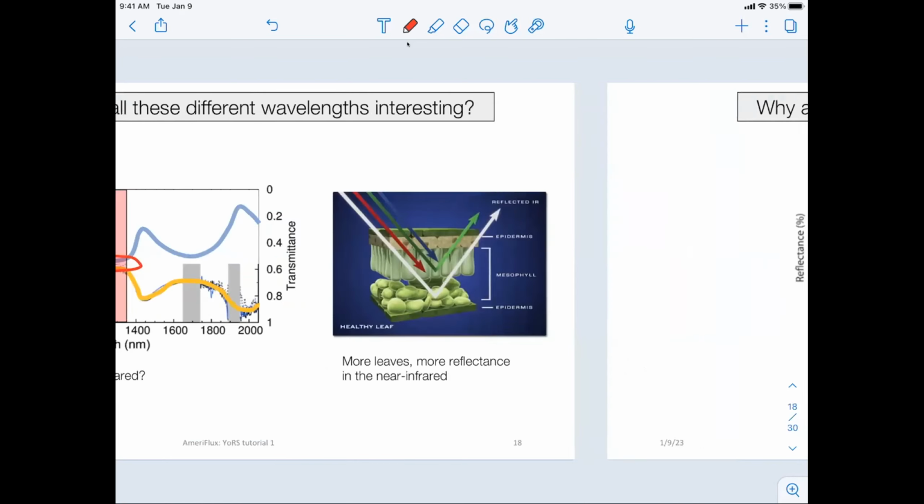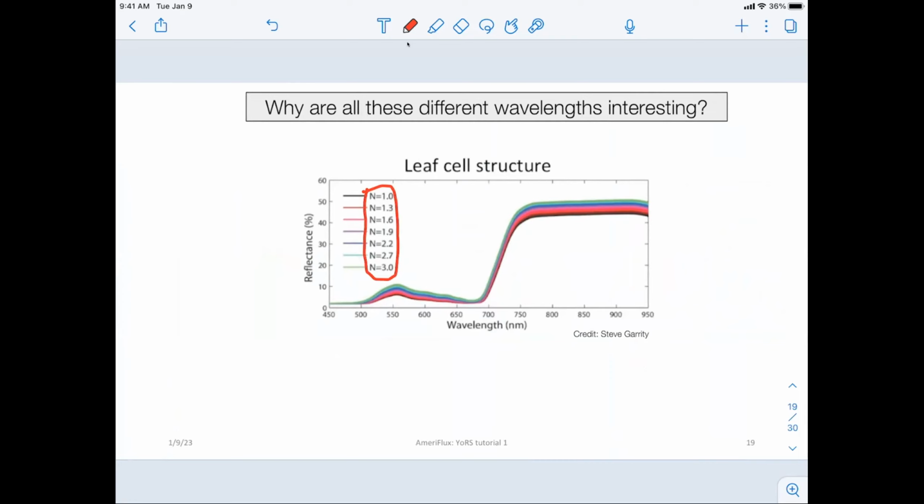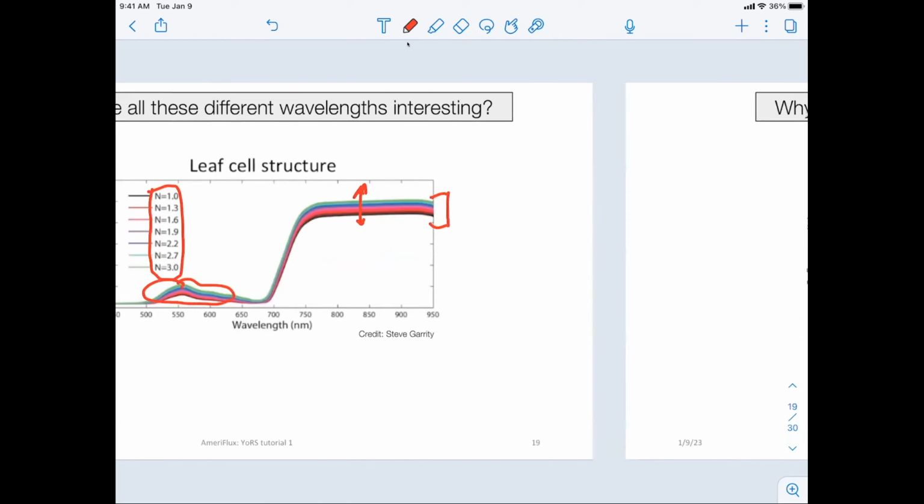If we change leaf structure with this sort of ambiguous parameter N that modelers like to use, we can see that most of those changes happen in the near-infrared part of the spectrum, and some happen in the visible. But really, changes in leaf structure manifest themselves predominantly in the near-infrared.